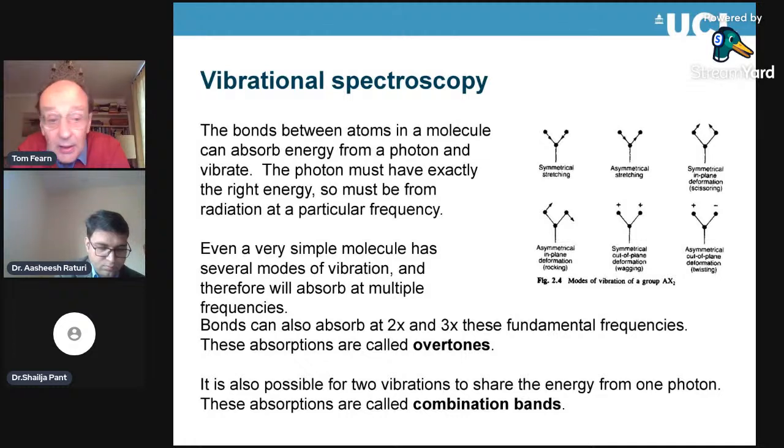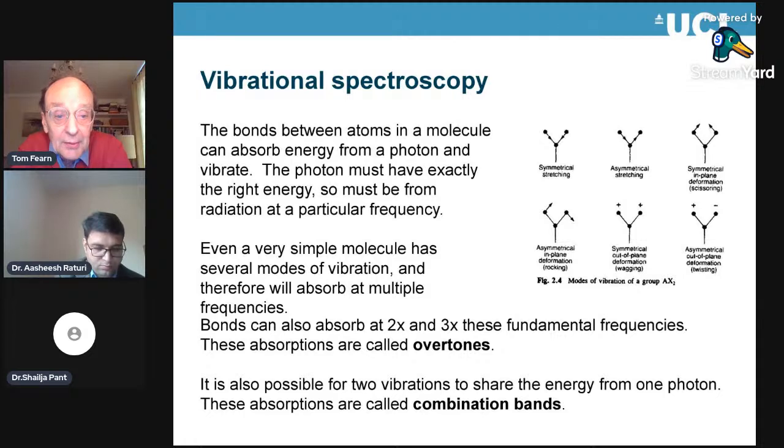To complicate it even more, it's possible for 2 of the different vibrations to share the energy from one photon. So that means that photons with a higher energy level, a higher frequency, can share that energy between two different vibrations, and those are called combination bands.